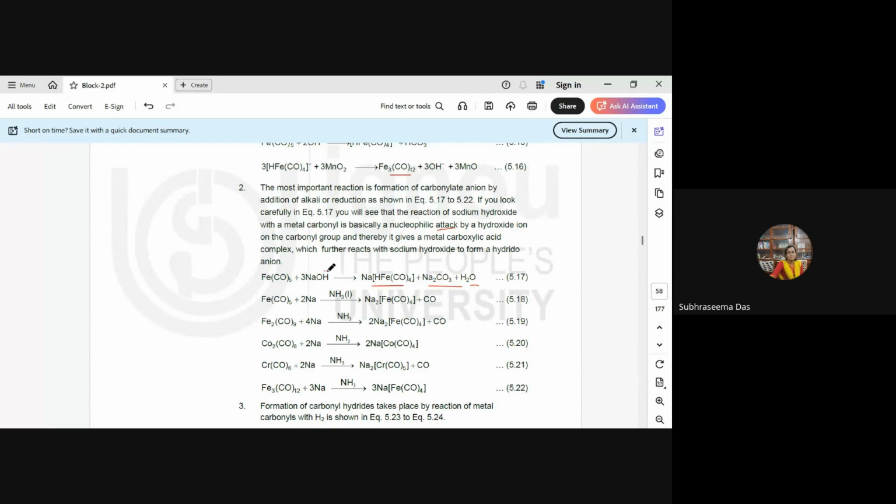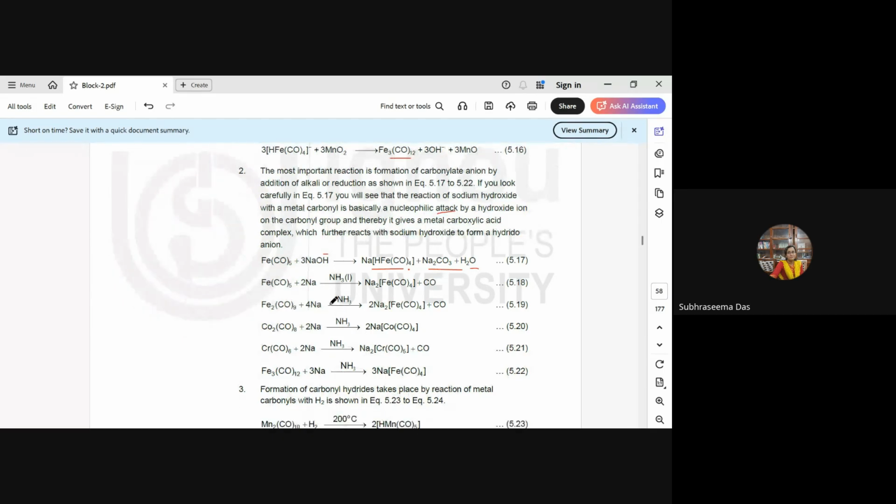This OH minus is the nucleophile, and it is an attack by the hydroxide ion on the carbonyl group, and therefore it gives a metal carboxylic acid complex. This metal carboxylic acid complex further reacts to form sodium hydroxide and a hydrido anion.